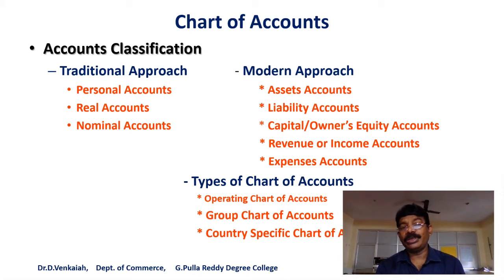That is the traditional classification or grouping. Computer or modern accounts are charted or grouped like this: asset accounts, liability accounts, capital and owner's equity, revenue or income accounts, and expense accounts. We will understand this classification better when we are practicing on the software, ERP, Tally ERP 9.